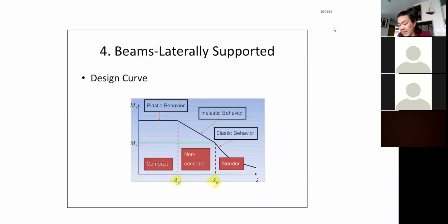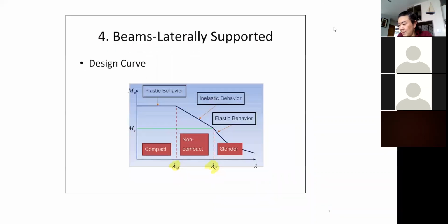We call that lambda P and lambda R. P is for plastic, I suppose, and R should be for residual. So when you compare the slenderness ratio of the elements in your section, if the slenderness ratio is less than this limiting value lambda P, you are going to have the beam that can reach MP or plastic behavior.